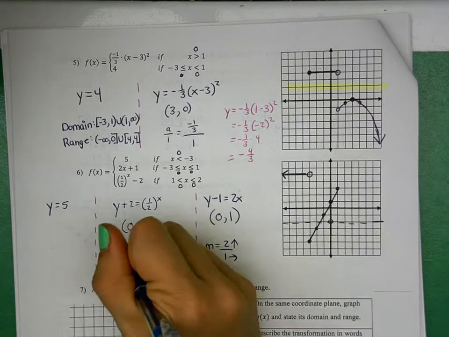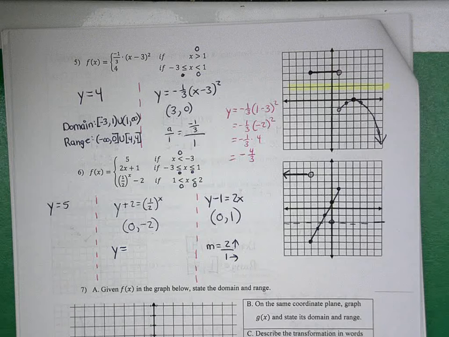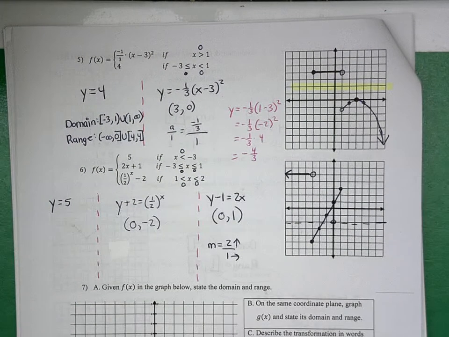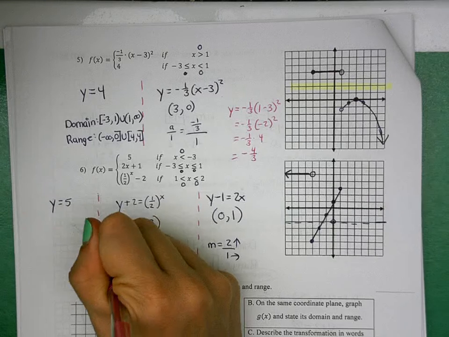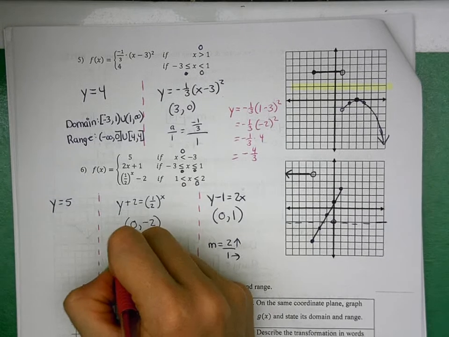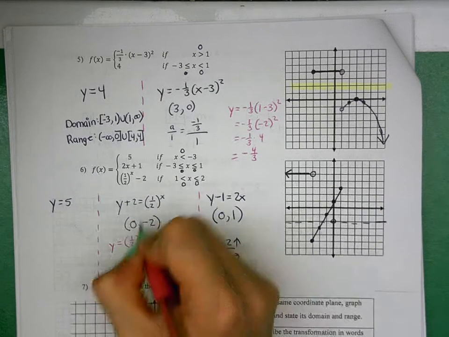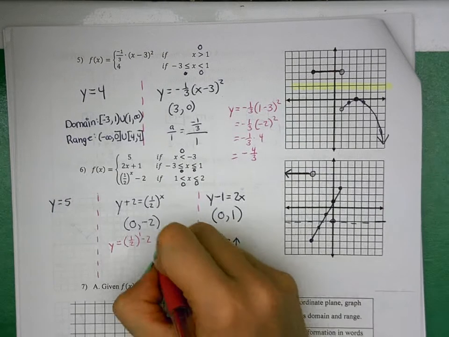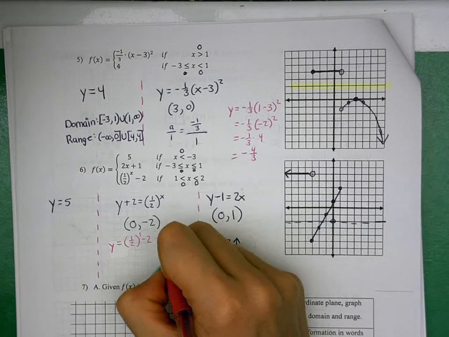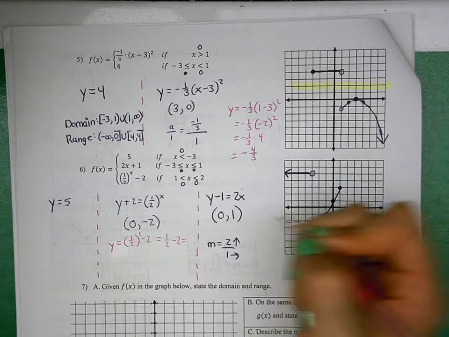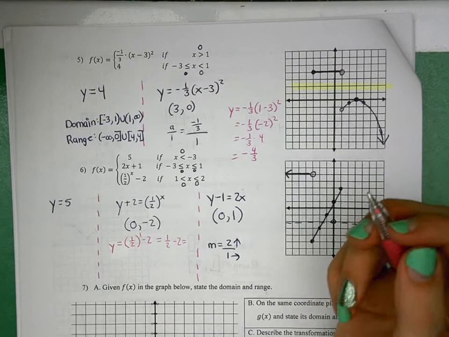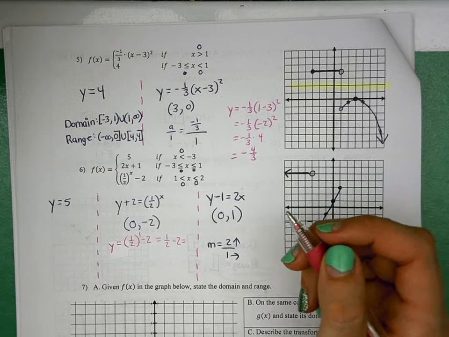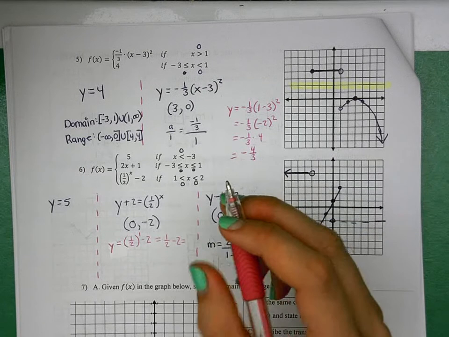Okay, so if I plug in 1, let me switch colors here. If I plug in 1, we have y equals 1/2 to the 1 minus 2, which is 1/2 minus 2, and for those who prefer decimals, it's negative 1.5.